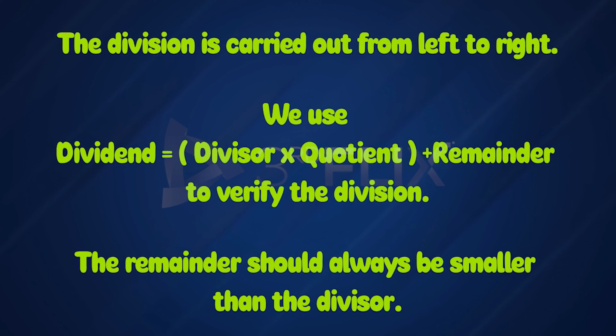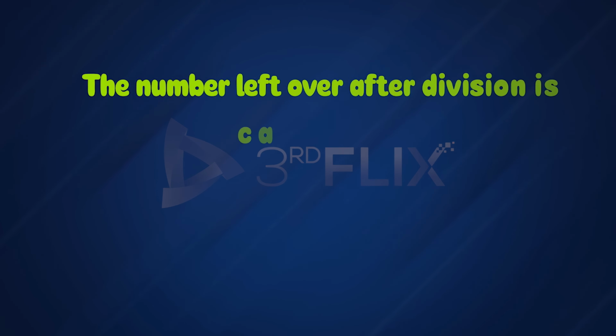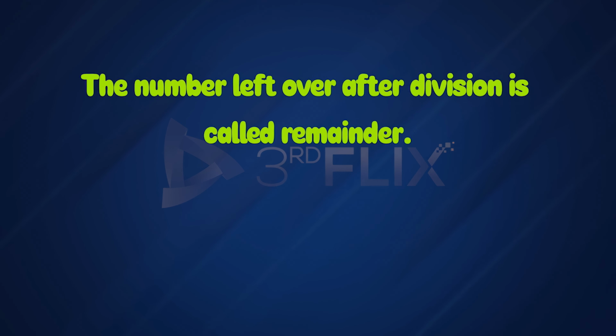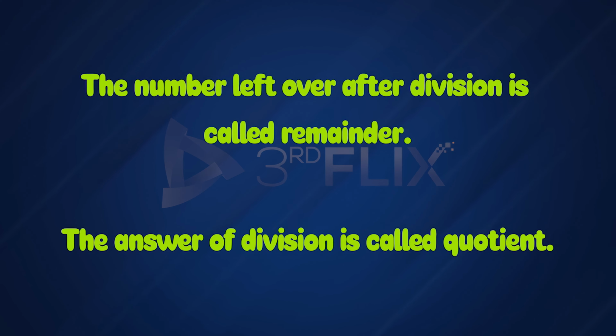The remainder should always be smaller than the divisor. The number left over after division is called remainder. The answer of division is called quotient.